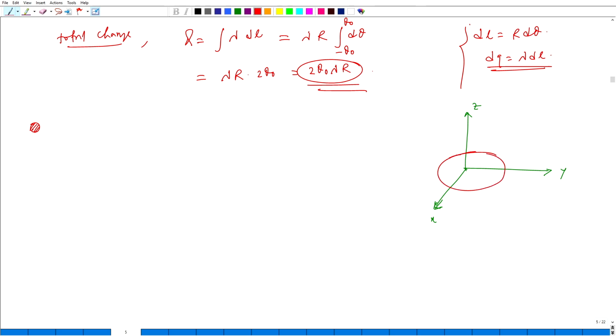This is a ring of finite width, and this is the origin O. The electric field at origin O is 0, as we just saw before.